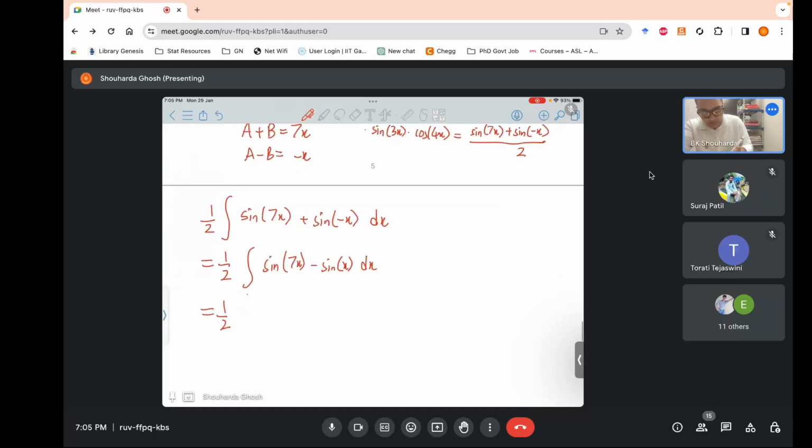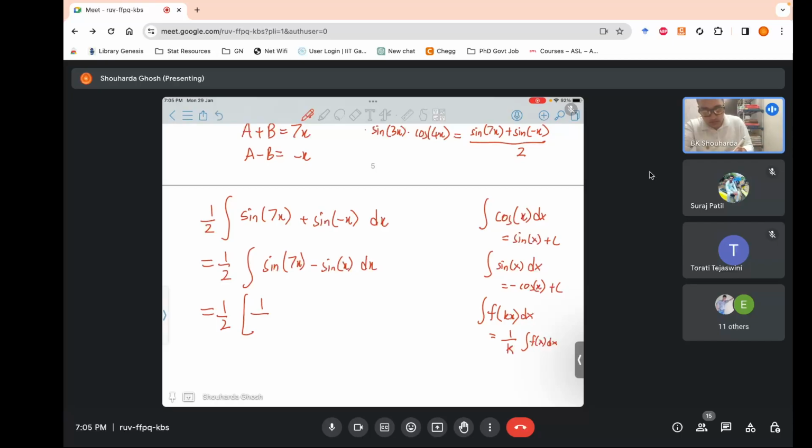And then what will you have? We know the integration of cos x dx is sin x plus c, and the integration of sin x dx is minus cos x plus c, and the integration of f of kx dx is 1 upon k times the integration of f of x dx. So we have 7 over here.